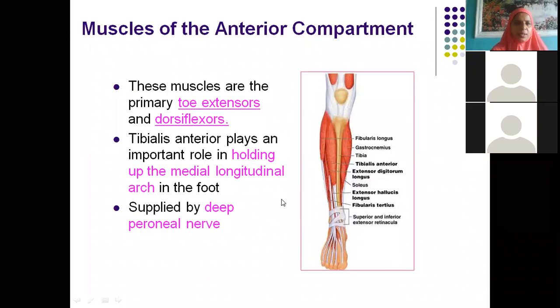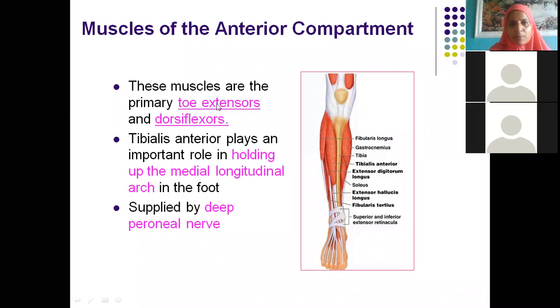Nice. The muscles of the anterior compartment are primarily acting on the toes. They extend. You are using the word extensor. Hallucis means what? Great toe, big toe. Digitorum means it is splitting into 4 tendons and going to 4 toes, second, third, fourth, fifth.